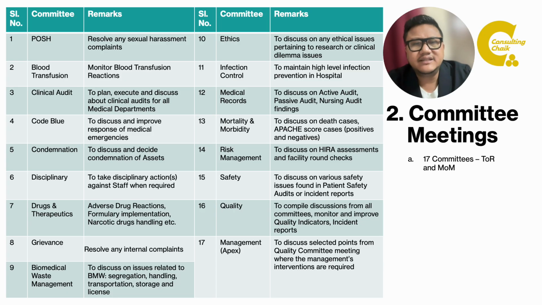Risk and safety can be clubbed, and likewise you can see which committees you can club. But committees like POSH, blood transfusion, code blue, disciplinary, drugs and therapeutics, ethics, infection control, medical records, mortality and morbidity should be kept separate. Also the quality and management committee.